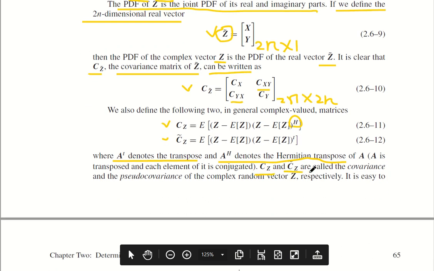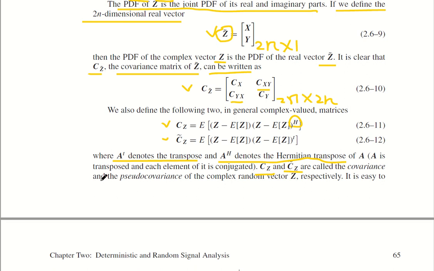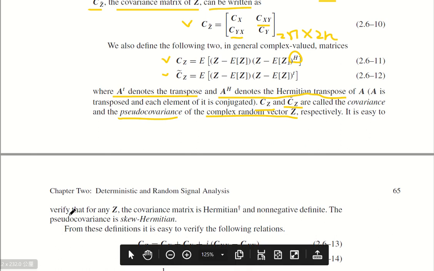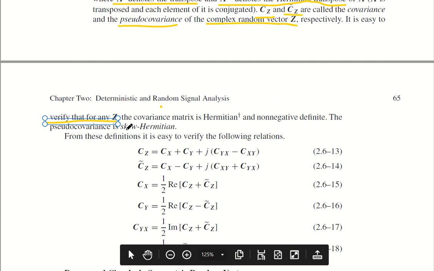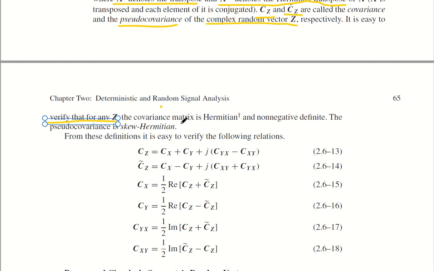Cz and C tilde z are called the covariance and pseudo-covariance of a complex random vector z. It's easy to verify that for any z, the covariance matrix is Hermitian and non-negative definite. The pseudo-covariance is symmetric.